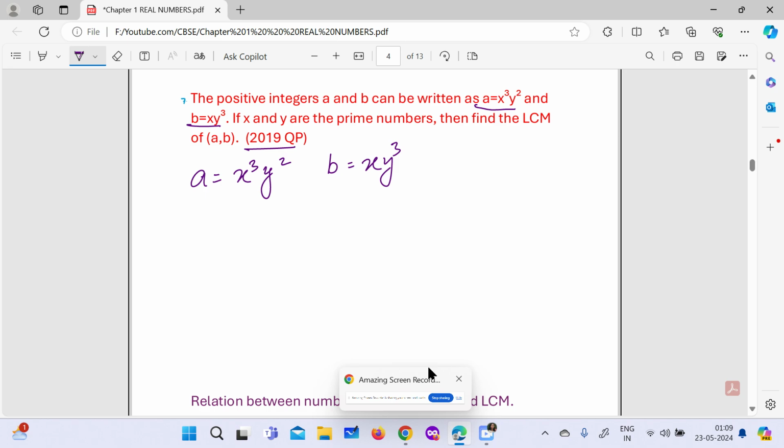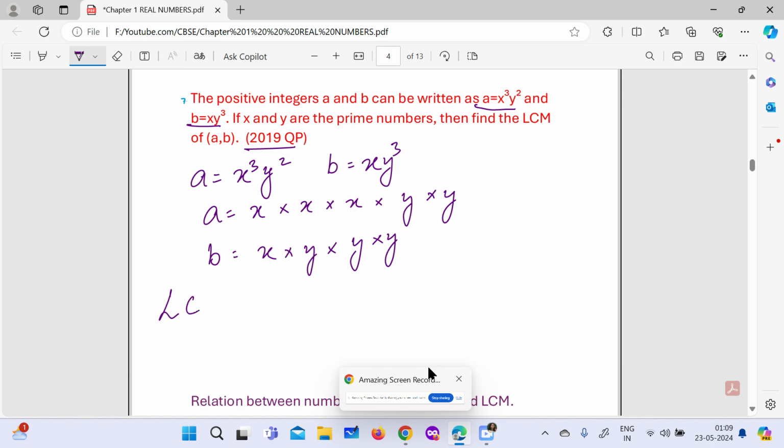Now I can write the factors of a in this way: x times x times x times y times y, and b equals x times y times y times y. Your question is to find the LCM of a and b. When we are finding the LCM, we consider all the prime factors and the largest power.